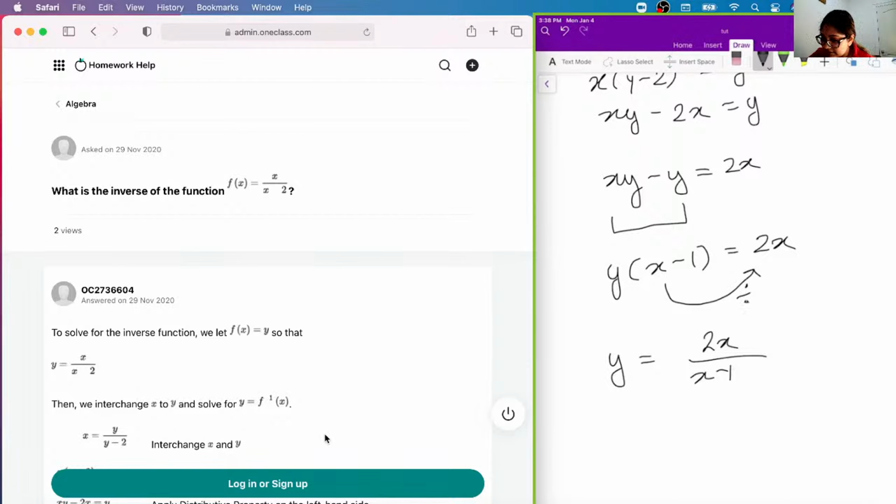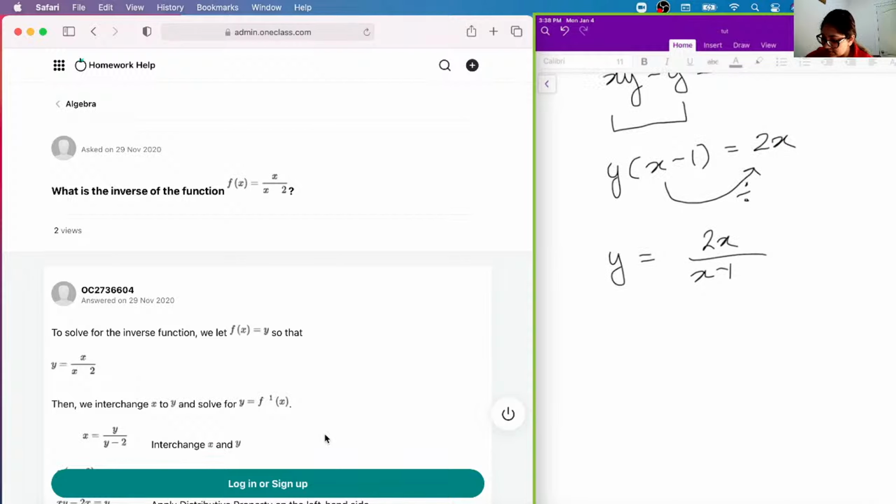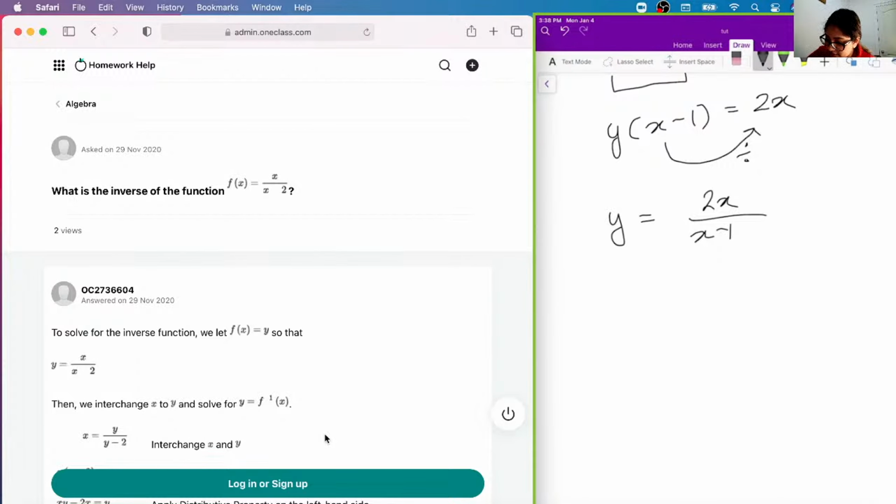Okay. And then what you have here, this is how you solve for y. And so basically this is your inverse of the function f of x.